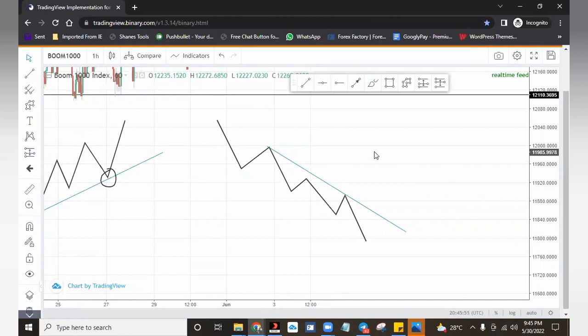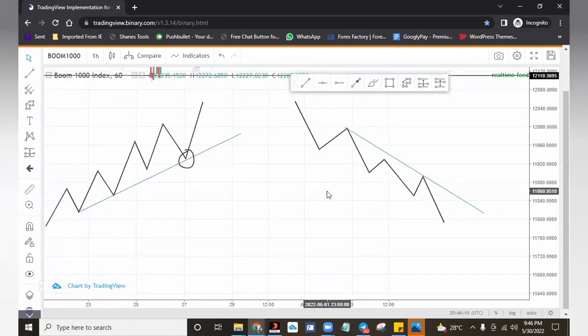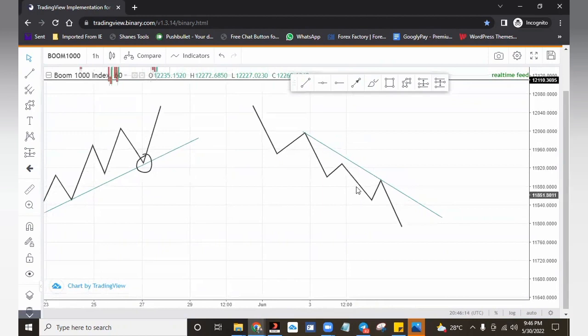The fourth touch might likely work, but sometimes the fourth touch might break through that trend line and go in the opposite direction. So usually when we trade the trend line strategy, we like to trade only from the third touch, because the more price touches your trend line, the more that trend line starts getting weaker.